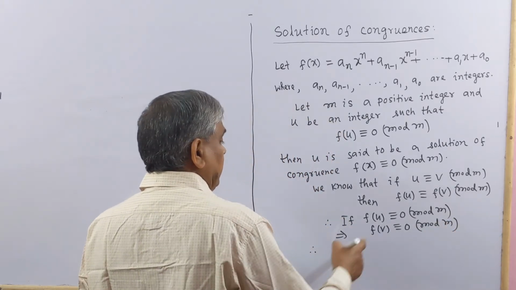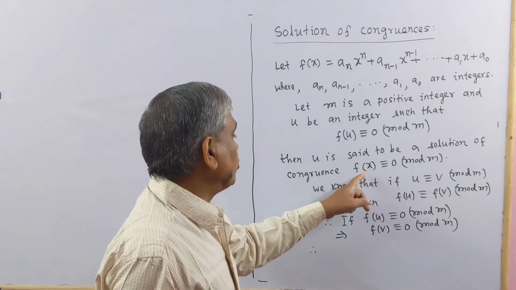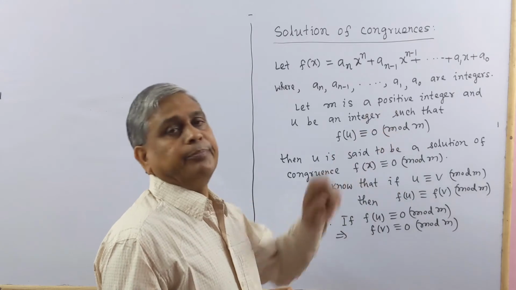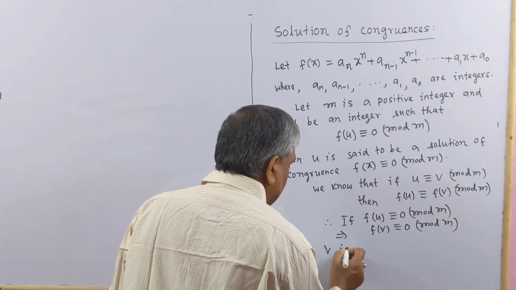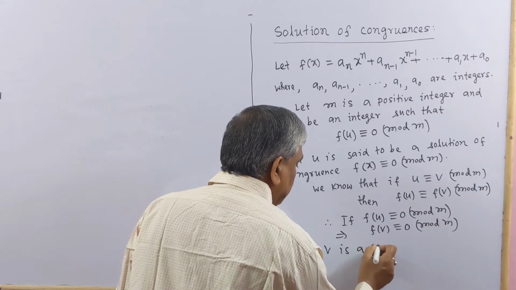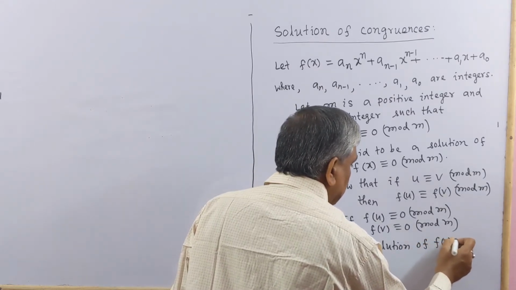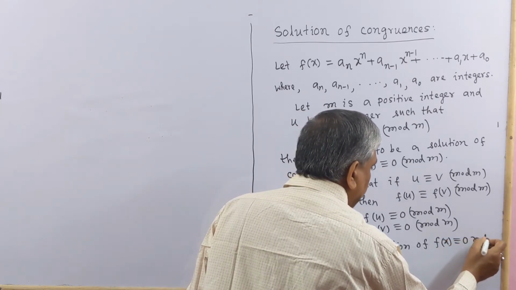Therefore, v is a solution of the congruence f(x) congruent to 0 modulo m.